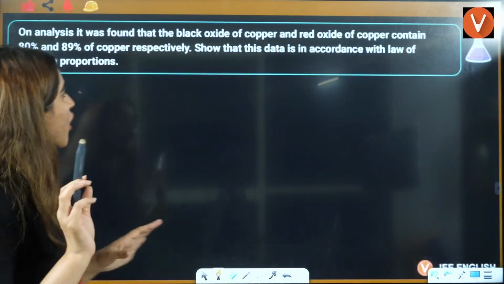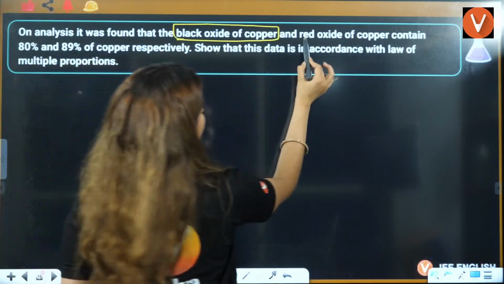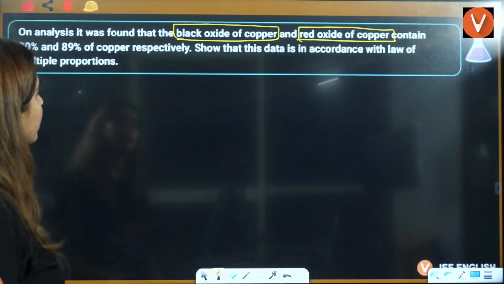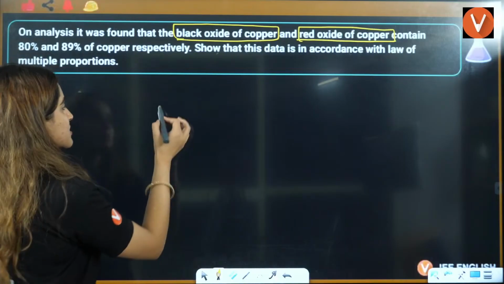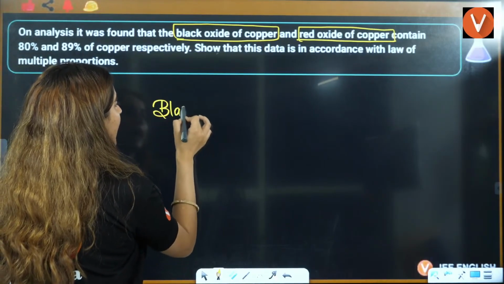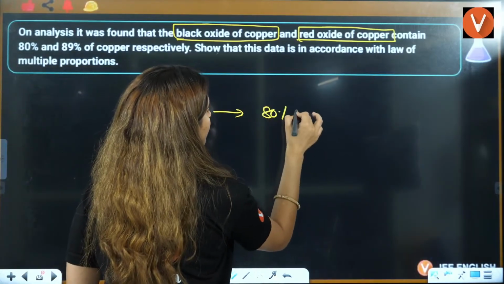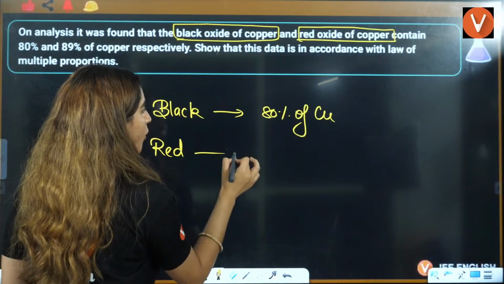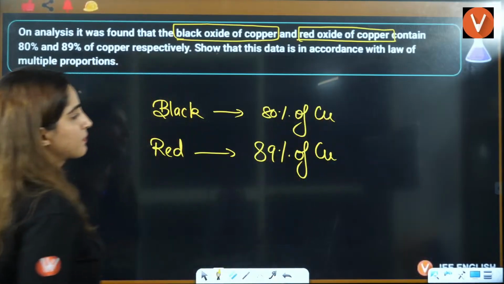Two oxides are given, black oxide of copper and red oxide of copper. The black oxide of copper contains 80% of copper, and the red oxide of copper contains 89% of copper.